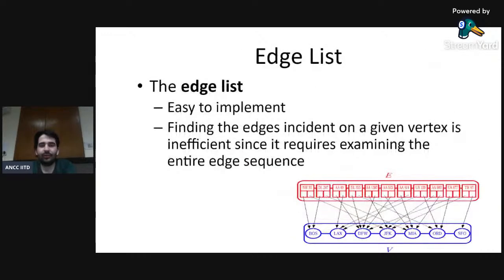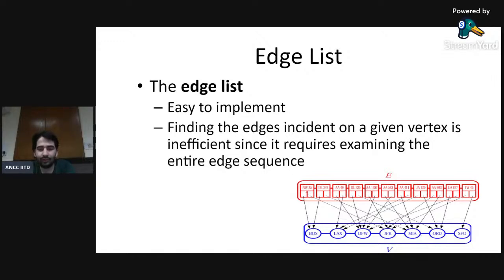Now, one representation is using an edge list. In the case of an edge list, we store a container, an array or a list technically, where each node in the list contains a reference to the vertices in the graph.